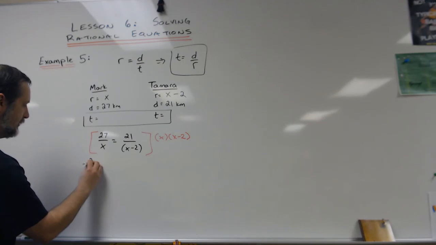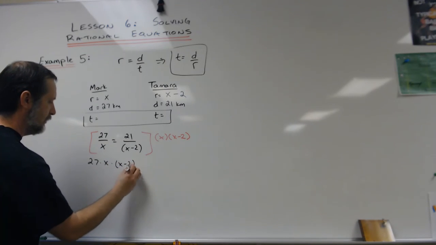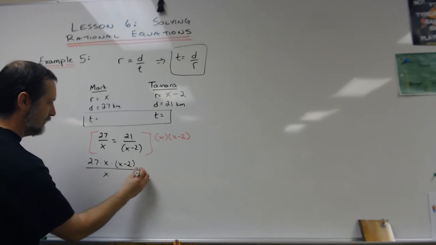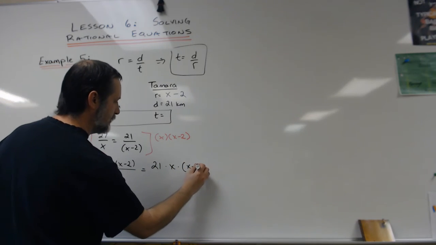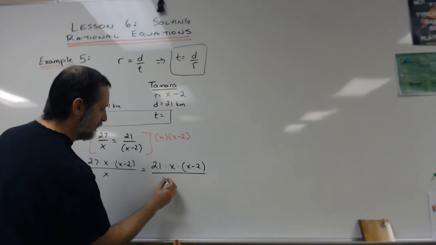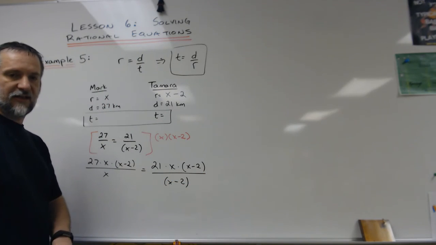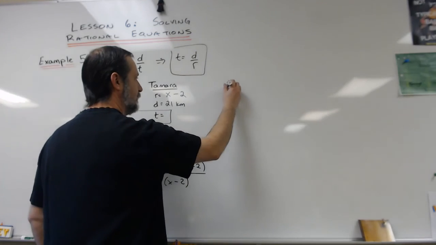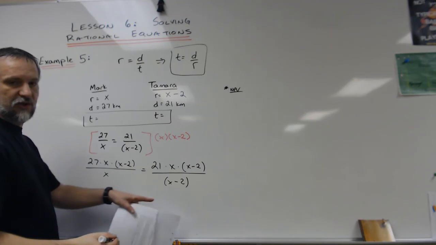So 27 times x minus 2 over x equals 21 times x minus 2 over x minus 2. Leaves me a chance now. I want to cancel things off. So NPVs cannot equal 0 or 2.